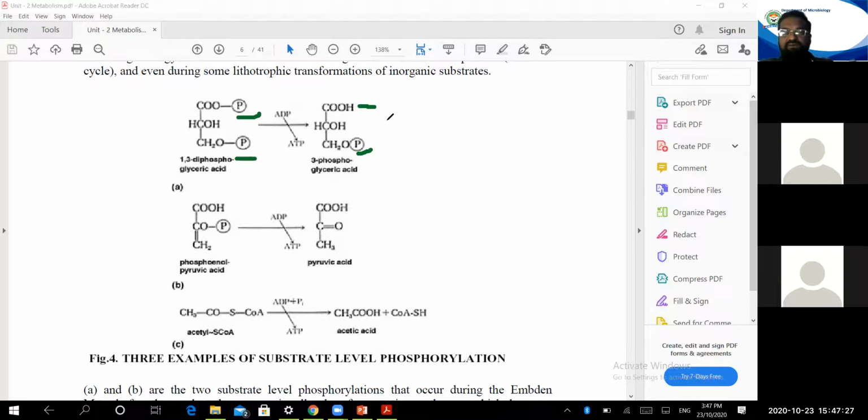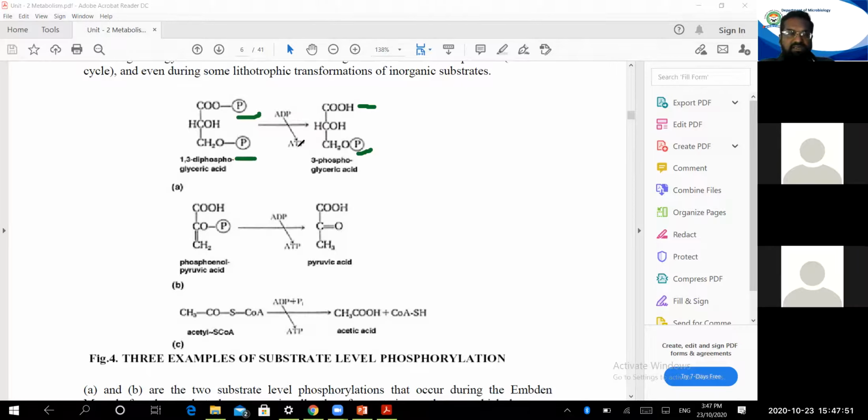It is dephosphorylated. One phosphorus is removed from carbon number 1. As a result, 1,3-diphosphoglyceric acid becomes 3-phosphoglyceric acid. And when this phosphorus is removed, it couples with the ADP molecule and converts it to ATP.